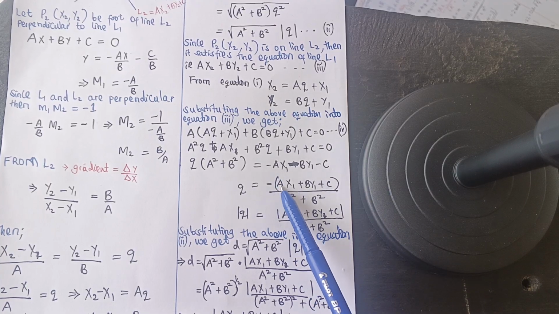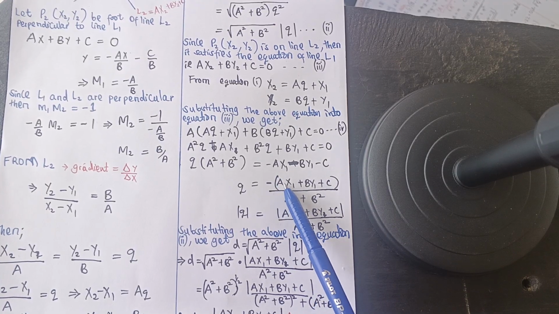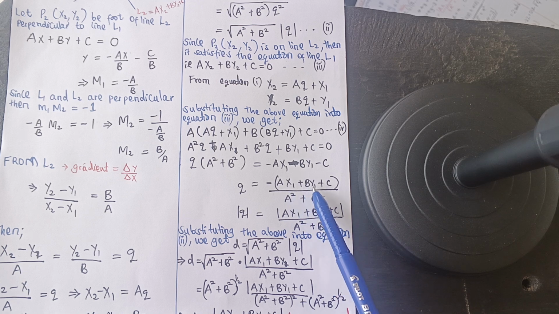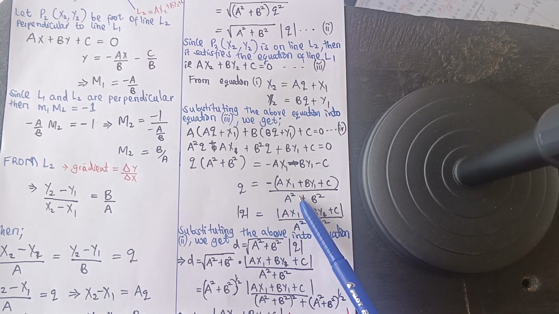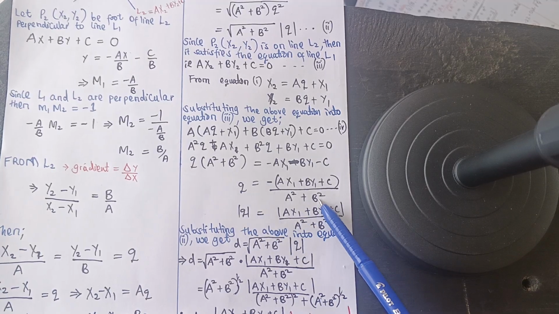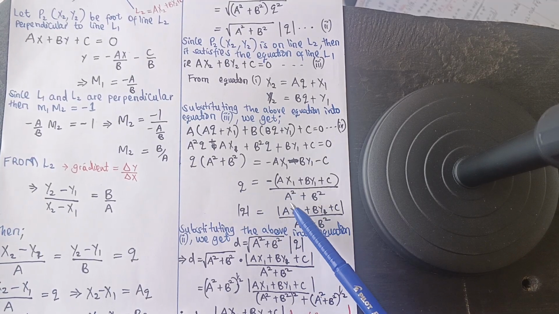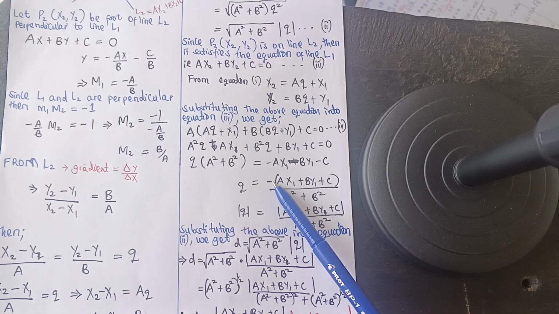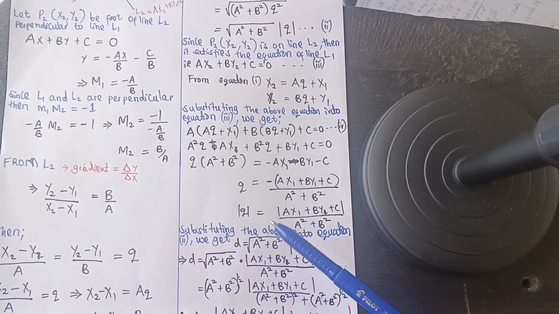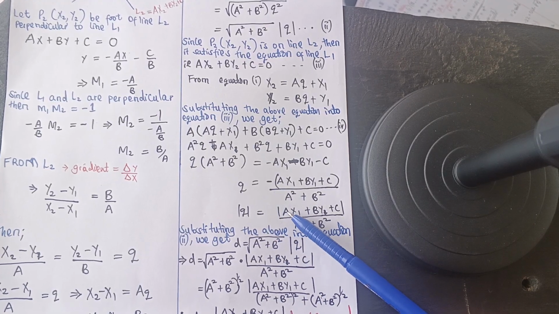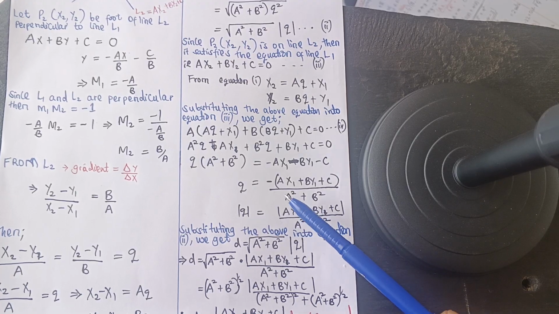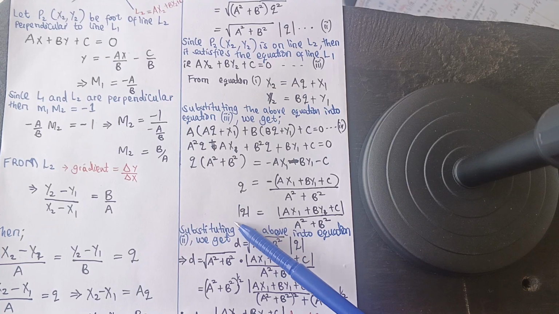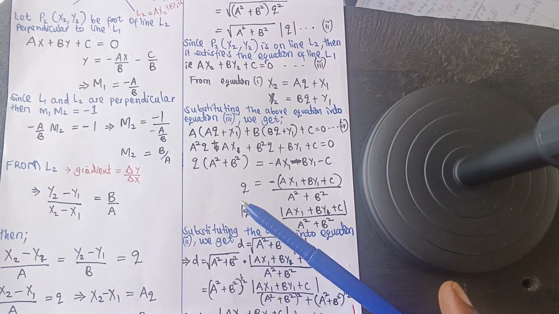So it's going to be negative, ax1 plus by1 plus c in brackets, divided by a squared plus b squared. If we want this negative to disappear, we're going to do the modulus. So it's going to be the modulus of ax1 plus by1 plus c over a squared plus b squared, which is going to be the modulus of q.